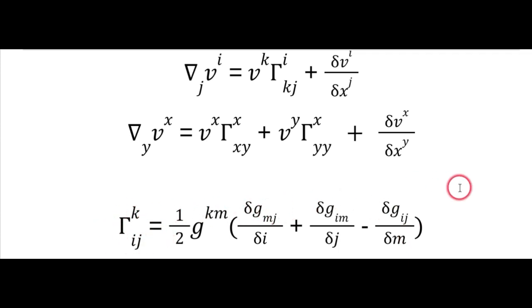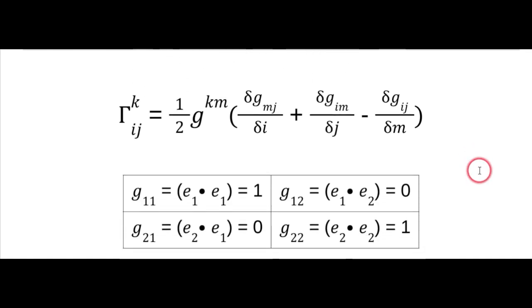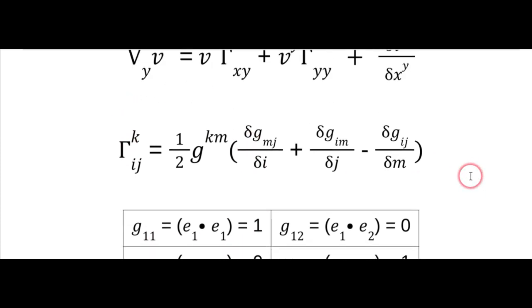Well, what's the metric tensor in Cartesian coordinates? It's the identity matrix, because these are orthonormal basis vectors. So E1 dot E1 is 1, E1 dot E2 is 0, E2 dot E1 is 0, and E2 dot E2 is 1. So the derivative of this is 0. So the Christoffel symbol is 0.